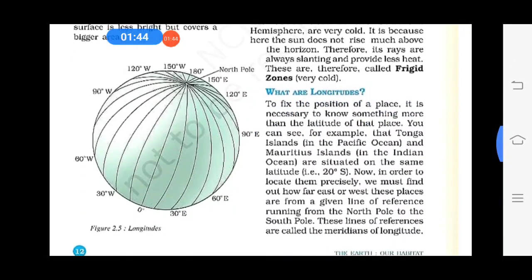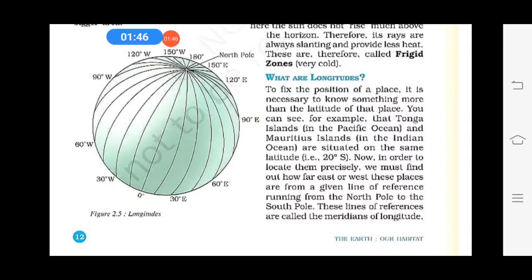Now, move to our next topic. What are longitudes? To fix the position of a place, it is necessary to know something more than the latitude of that place. For example, Tonga Island and Mauritius Island are both situated on 20 degrees south latitude.